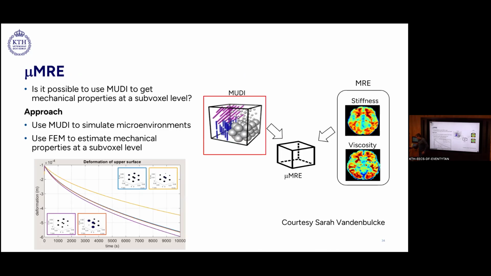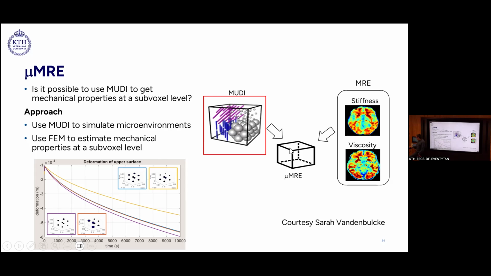I have another postdoc that is starting to work with another idea. The idea is that you have information from Moody about what is happening inside the voxel. And then on the other side, you have the stiffness and viscosity that you get with MRE.